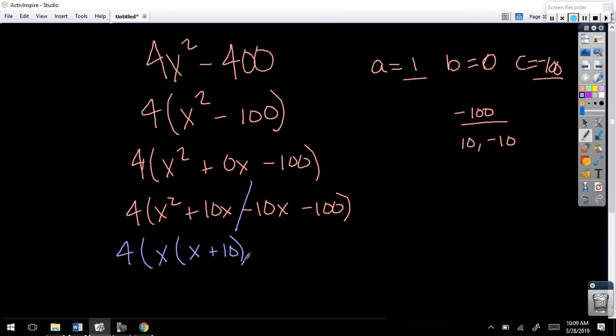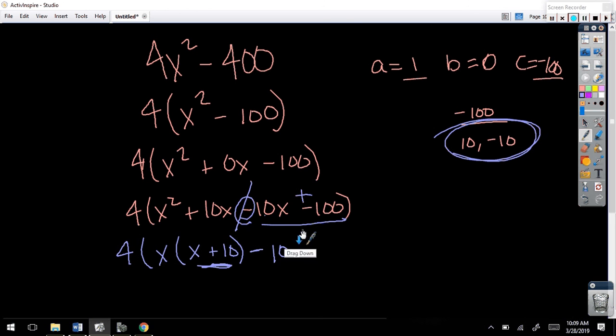All right, this middle sign is a minus, which means I have to change this one. If you found the right two numbers here, they'll always be the same. Once you find the GCF, what's the GCF here? 10. So you know it better be x plus 10 in parentheses.